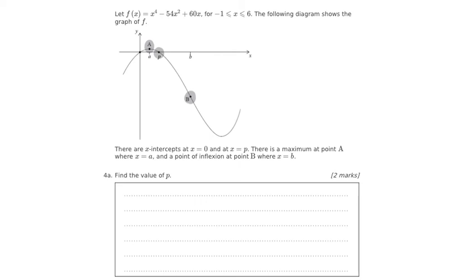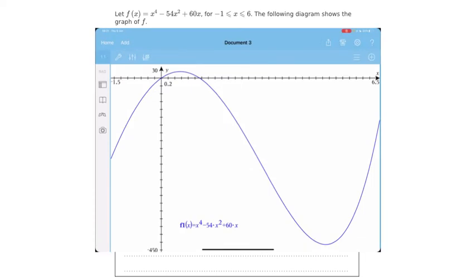First thing we have to do is draw the graph of x to the power of 4 minus 54x squared plus 60x on our calculator. Now that we've drawn our graph, you might have to play around with the window to make sure that you can get all of your graph in. We need to find P, which is the 0 to the right of the maximum.